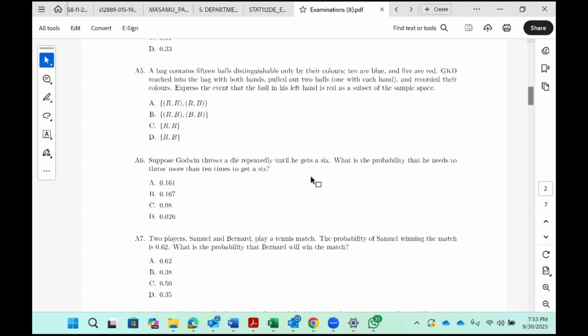So the first thing that we need to do is to what? We have a bag containing 15 balls, distinguishable only by their colors. 10 are blue and 5 are red. So what it means is that we have 10 blue and 5 red. So what are the possibilities that you can get?